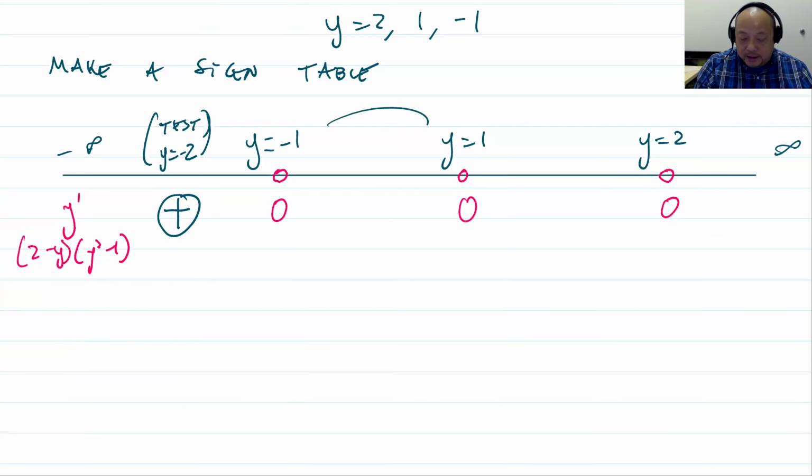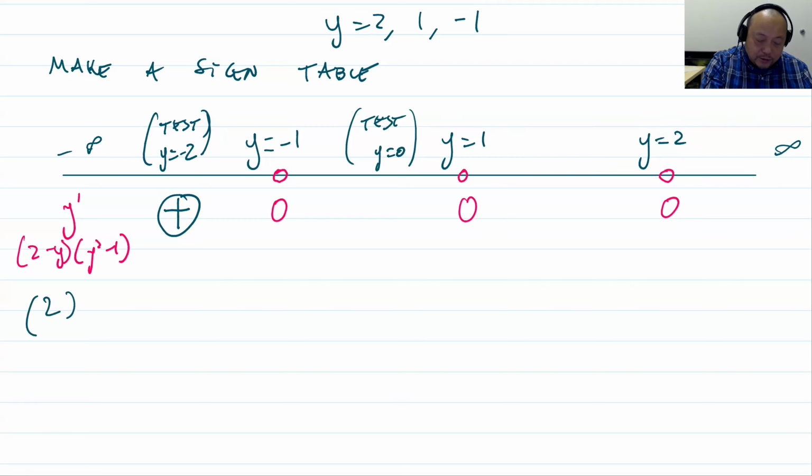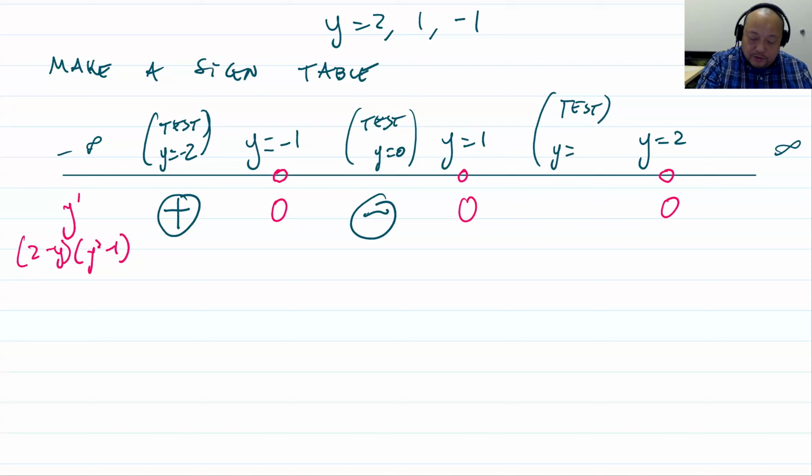Now in this interval, I can test y equals 0. I have 2 minus 0, that's a 2, times 0 squared minus 1, that's a negative 1. So it's a negative number. Over here, I test with y equals, what, 1.5 maybe?